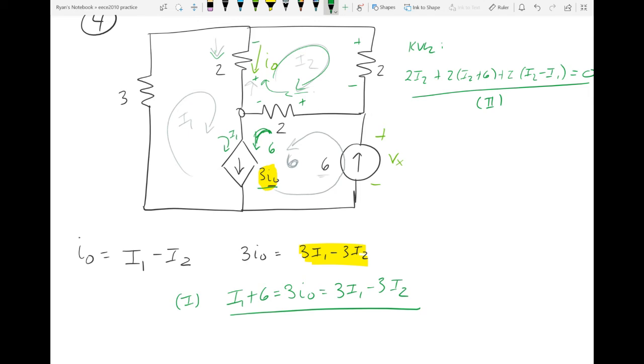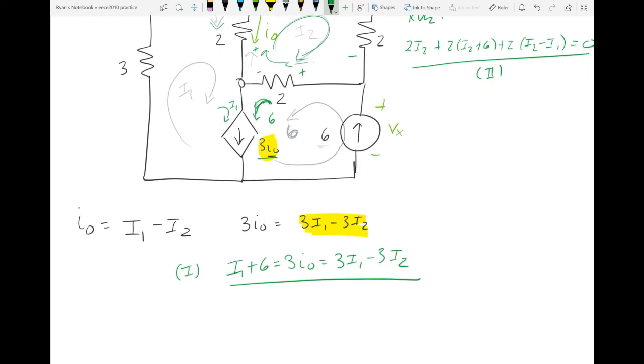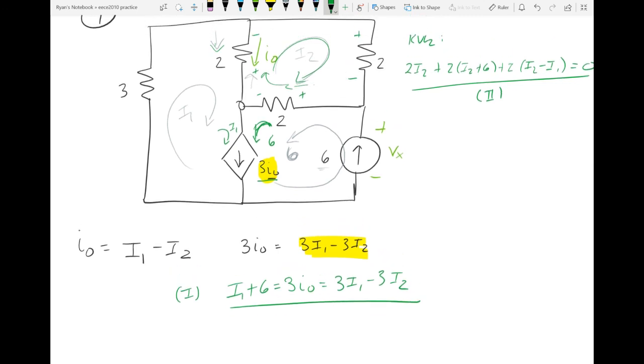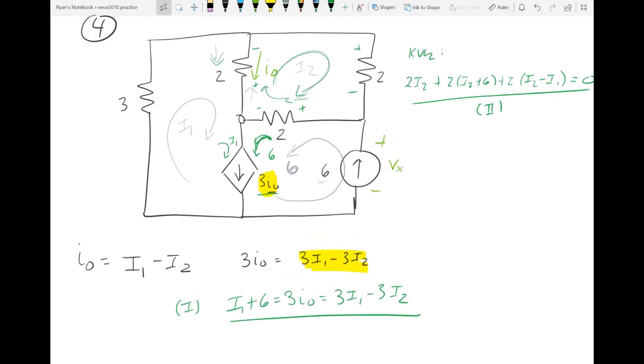Turns out if you look at what you have here, we know that I0 is this. We know that 3I0 is this, and so we know that this is true. Oh, okay, that's right. Sorry, got a little confused.